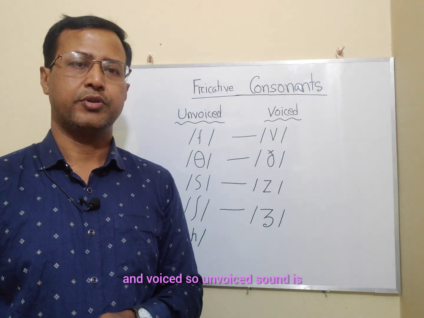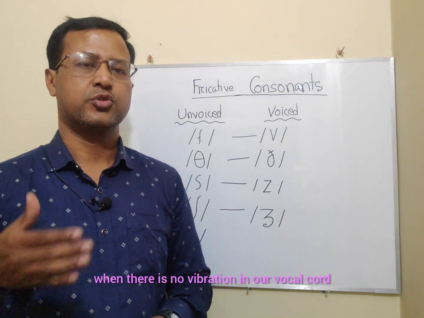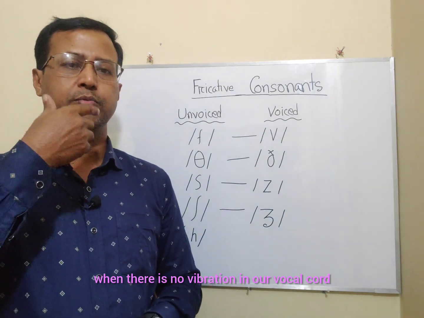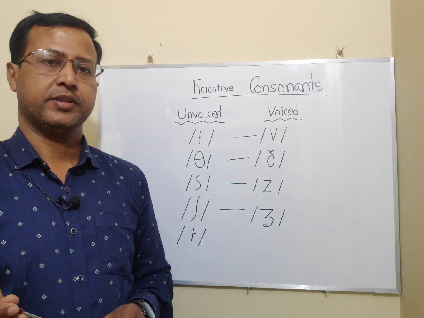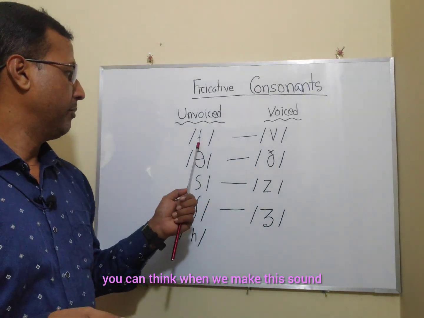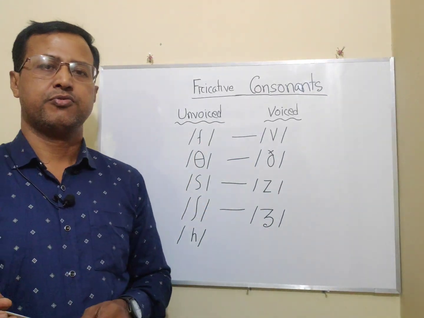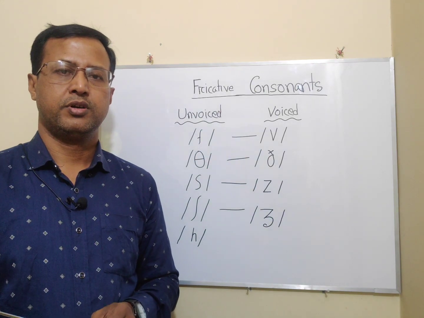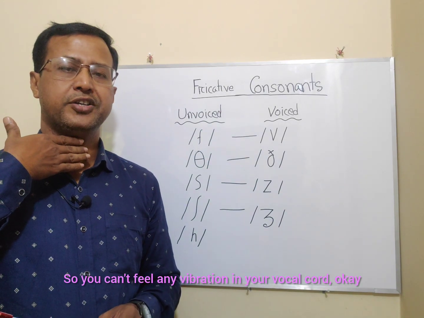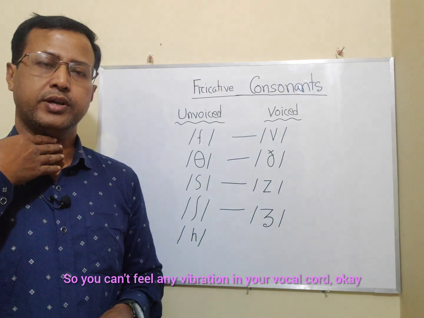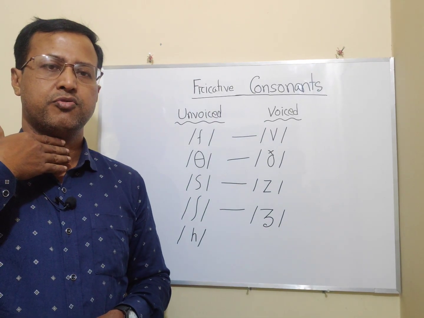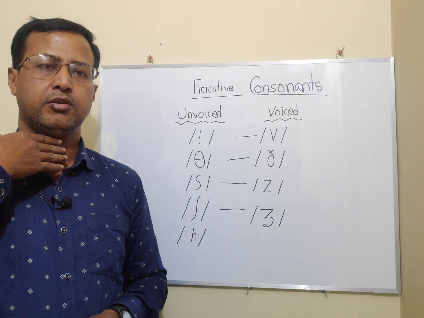So an unvoiced sound is when there is no vibration in our vocal cord. You can think of when we make this sound, so you can't feel any vibration in your vocal cord, okay? Fish, no vibration.